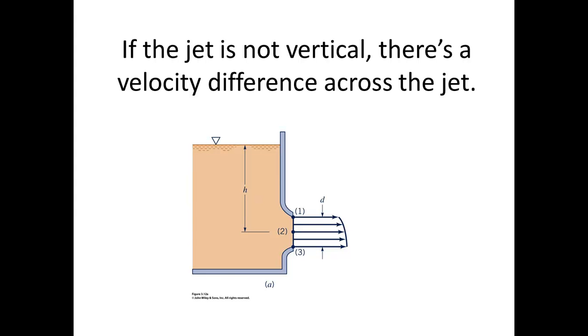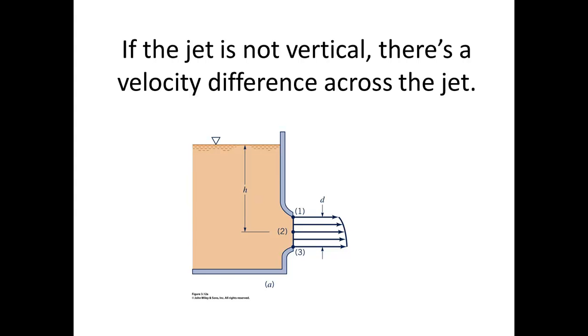Now, two more features of this free jet situation. One is a fairly small point, but a significant one sometimes. That is, if you let that outlet, D, from 1 to 3 be large enough, well, then you can get some variation across the jet. Notice, by the way, here that we've turned the jet around horizontally.